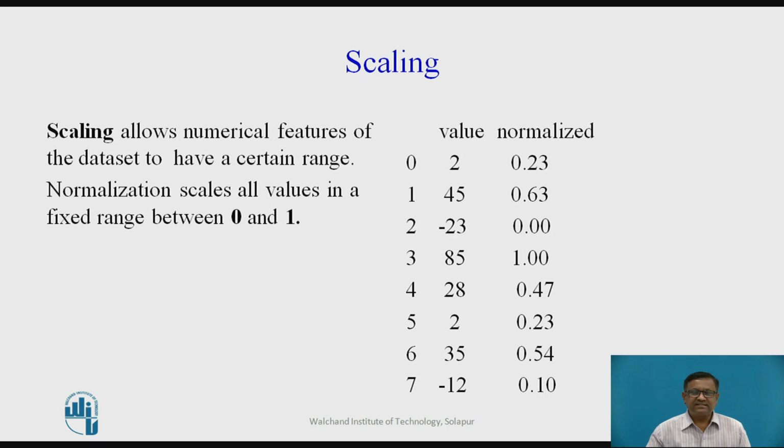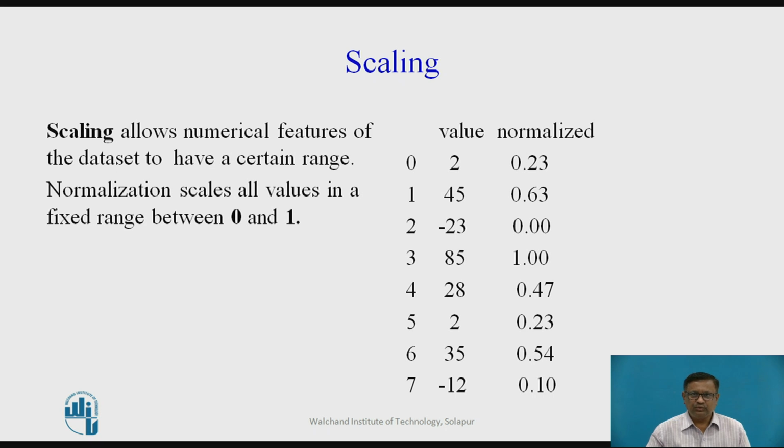Then the last one is scaling. Scaling allows numerical features of the data set to have a certain range. Normalization scales all values in a fixed range between 0 and 1. So scaling means converting the given input range into another specified range. Here, if you look at the three columns, the first is just the serial number 0, 1, 2 up to 7.